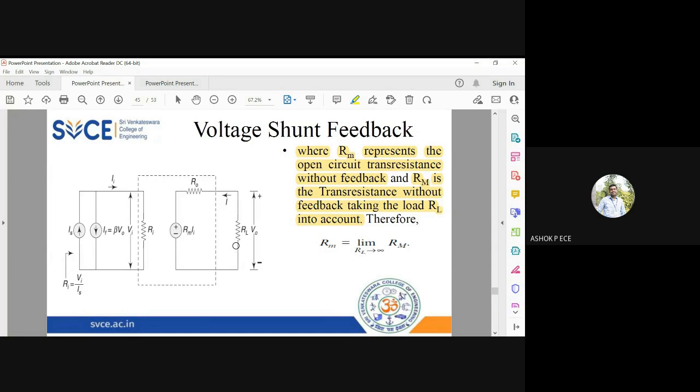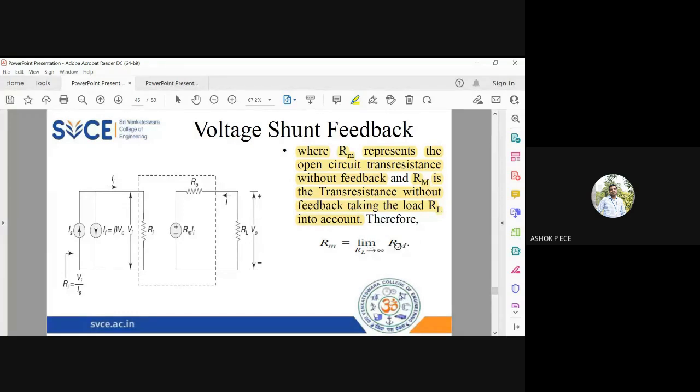So whatever parameter you are going to compute is going to be without considering the effect of the load resistance. So see here, both Rm and R capital M are without feedback, but R suffix small m is without RL, and R suffix capital M is considering RL.